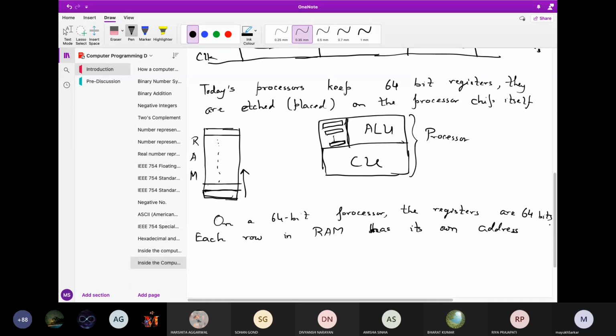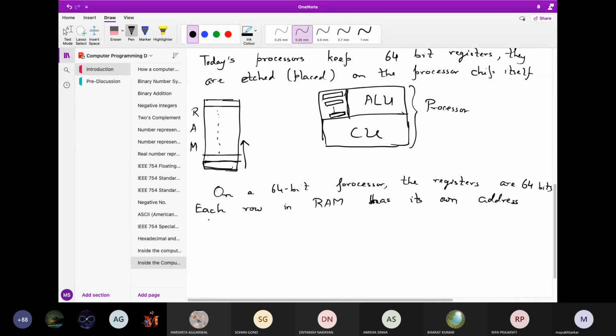Now, generally on a 64-bit machine, and from now on, whatever you consider will be about a 64-bit machine, because those are today's machines, addresses are also of 64 bits. So addresses are also of 64 bits.